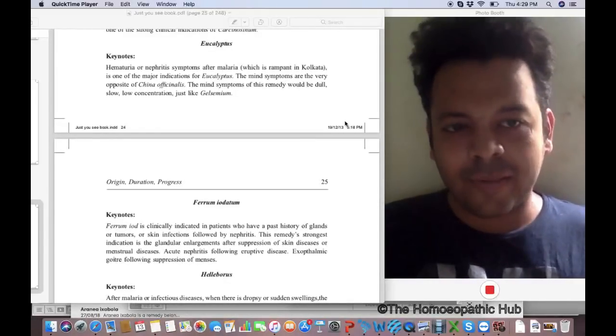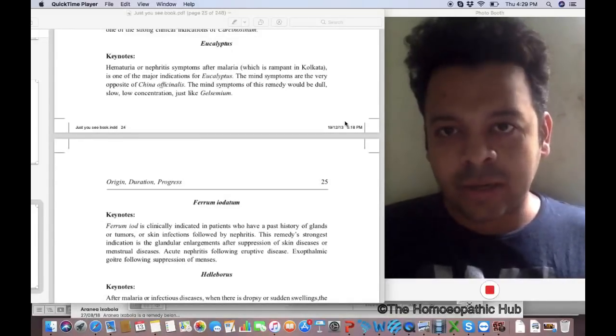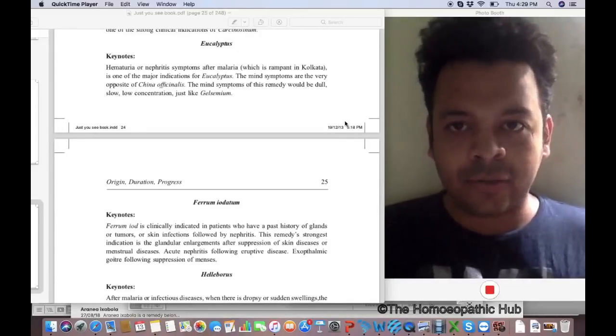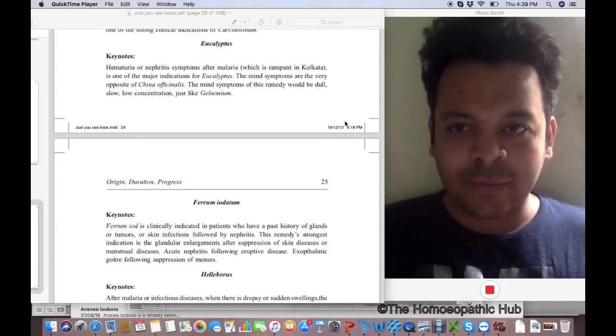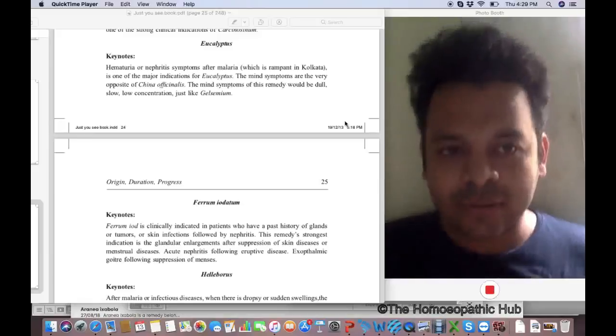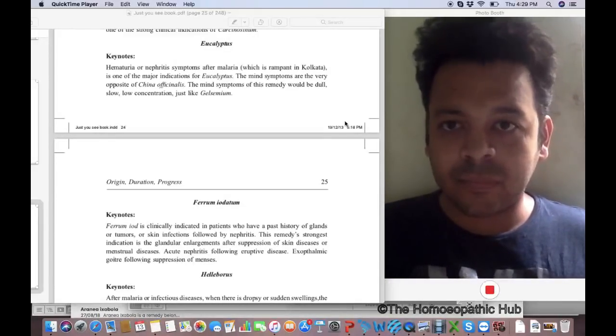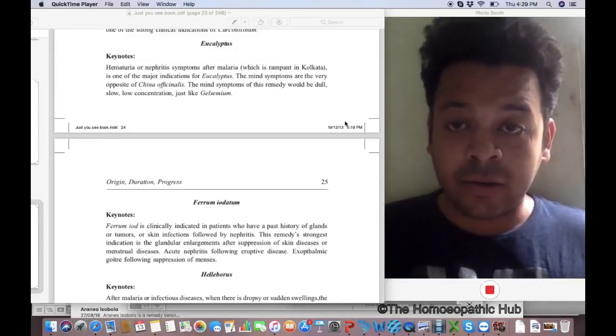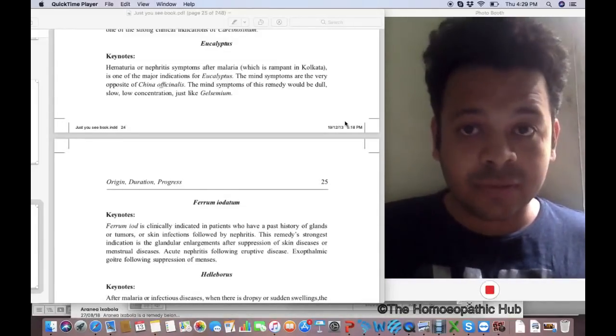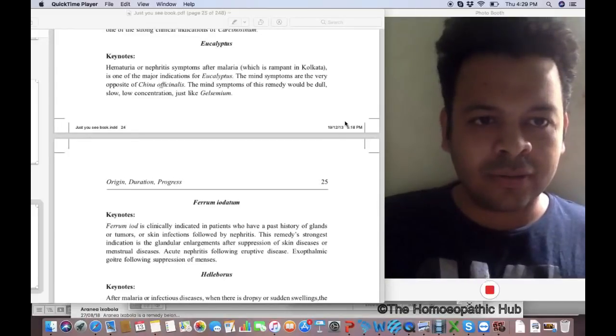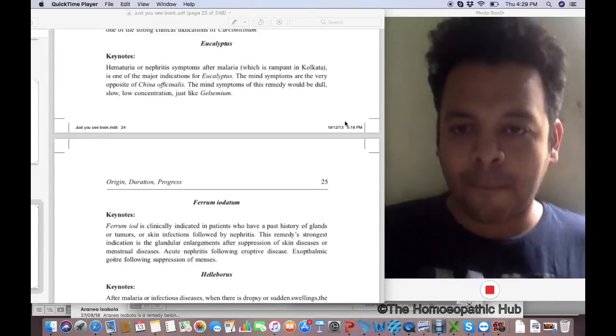I remember many years back, I had malaria, and post malaria, I developed a lot of bleeding in the urine. And I was given the remedy eucalyptus, and that bleeding just went in 6 hours flat. Very interesting. Post malaria, renal pathology, eucalyptus, one of the lesser known remedies in homeopathy.